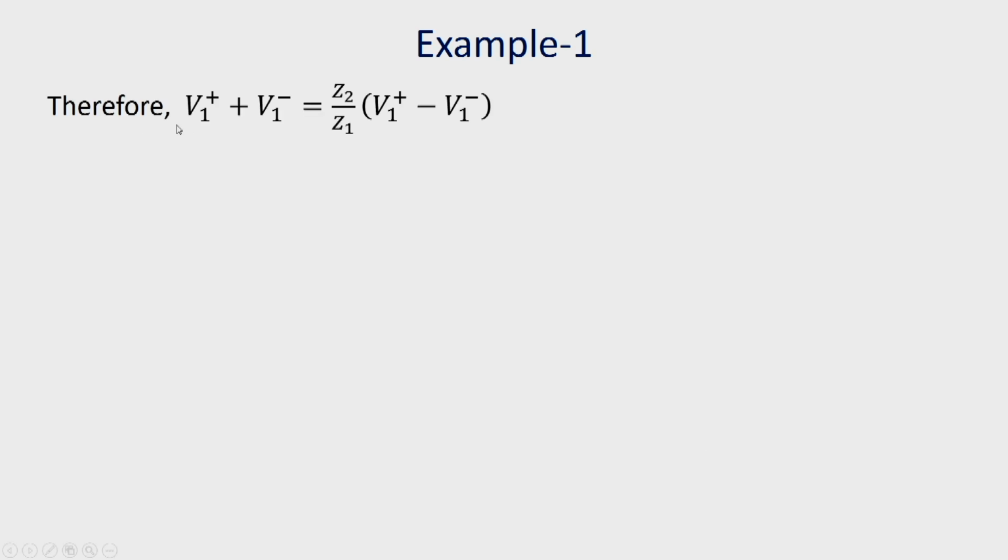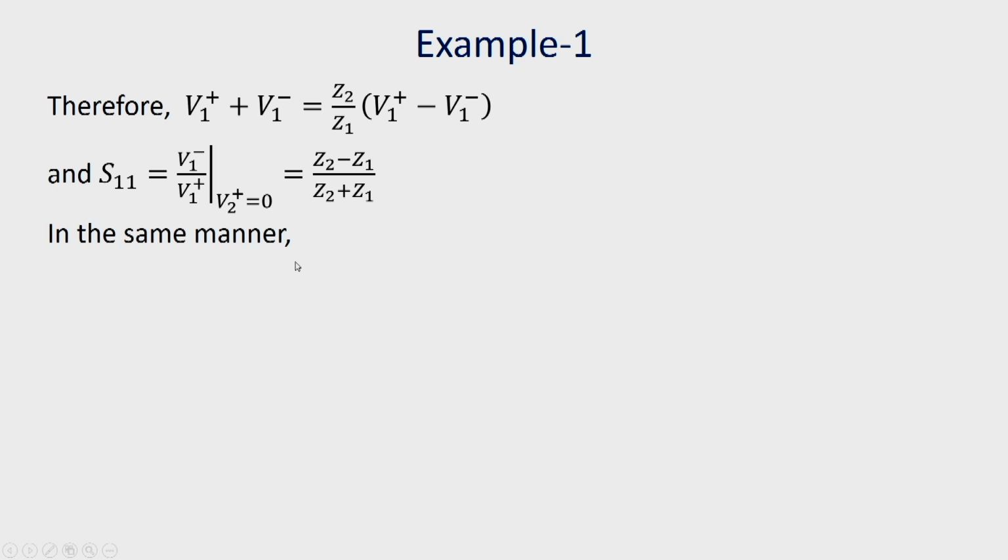And therefore, rearranging the terms, we can write V1 plus plus V1 minus is Z2 by Z1 (V1 plus minus V1 minus), and therefore, S11 which is V1 minus divided by V1 plus when V2 plus equal to 0, can be put in this form Z2 minus Z1 divided by Z2 plus Z1, and this is same as the reflection coefficient at the junction.